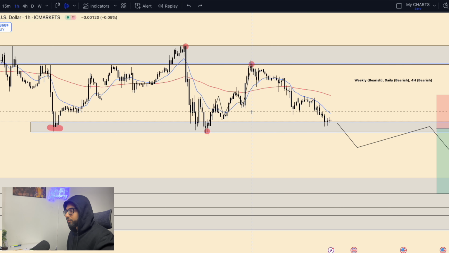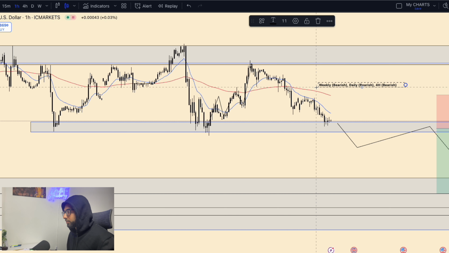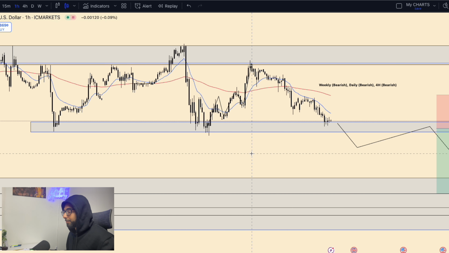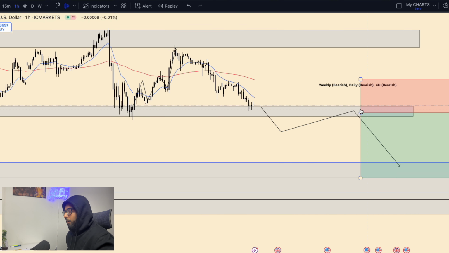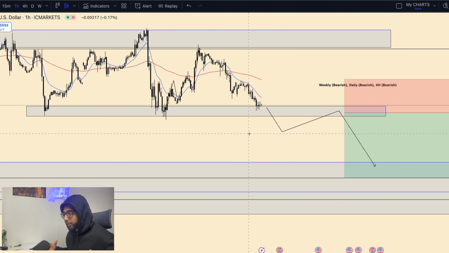So that's why it's very important to understand your biases, because if you don't understand your biases, what's going to happen is you're going to go for buys when in reality, we're looking for sells. So when we're looking for sells now, why am I so sure this is a good entry? Again, I'm going to repeat again, because the way we look for entries is we look for break, retest.